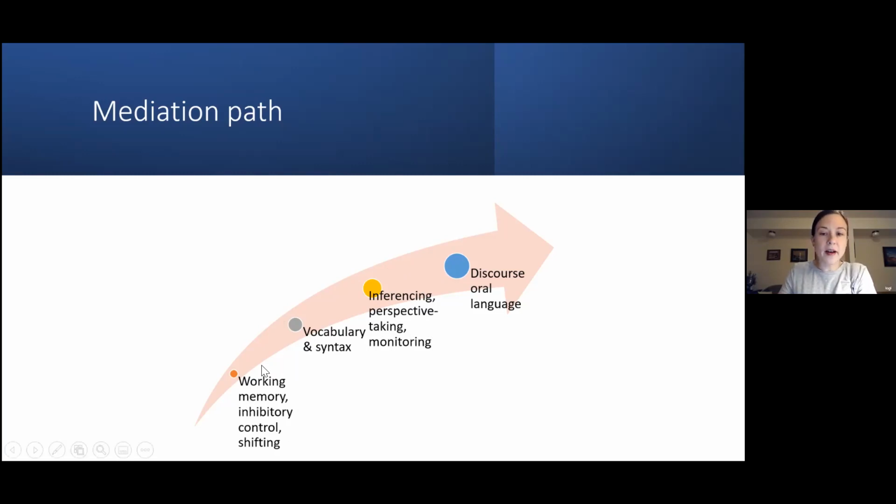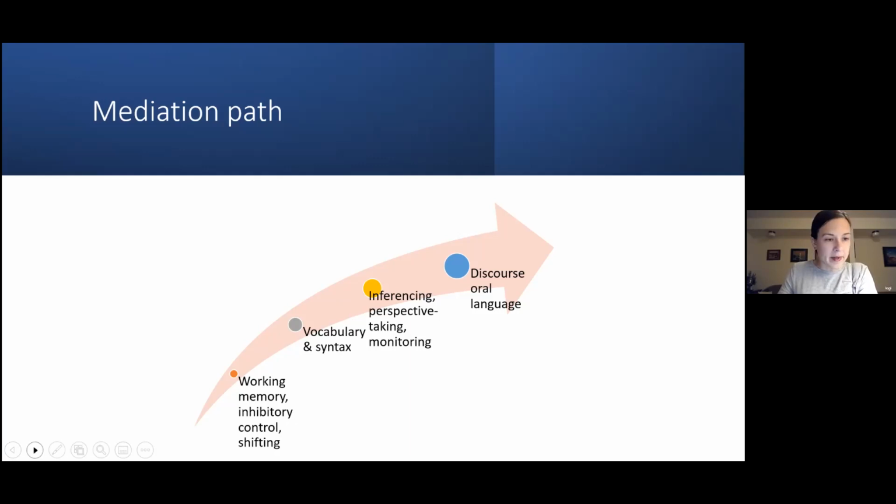Furthermore, in her model, she's shown empirically that working memory, inhibitory control, and shifting, these executive functions, are mediated by vocabulary and syntax. So it creates this cascading path of mediation.